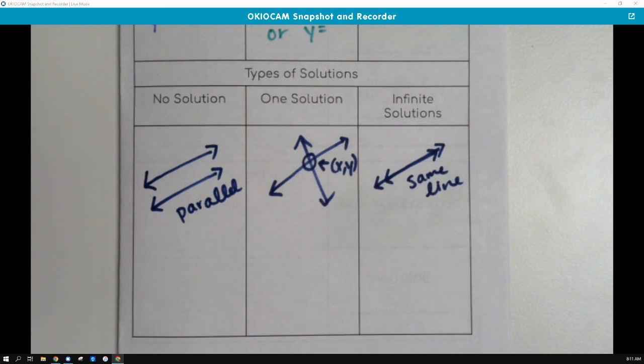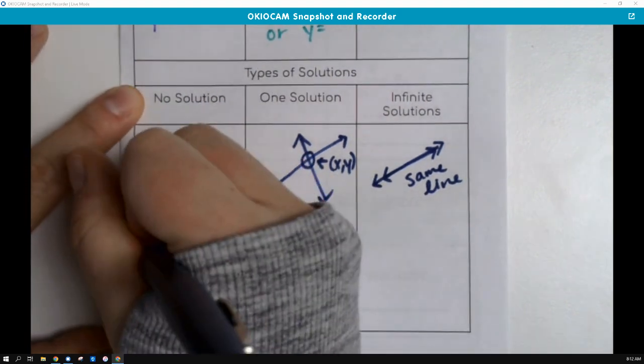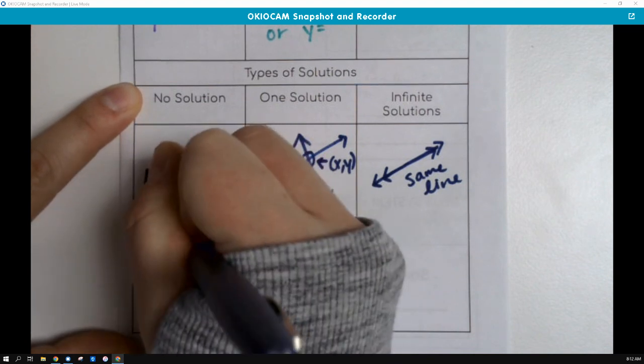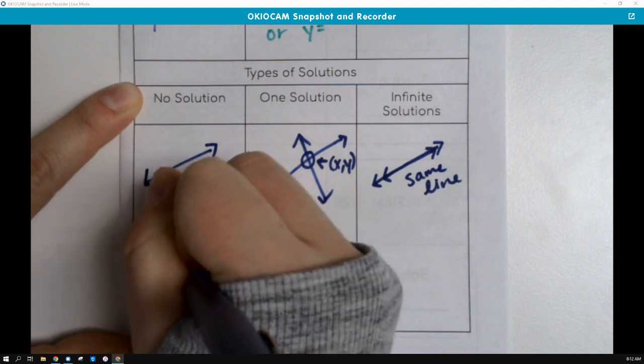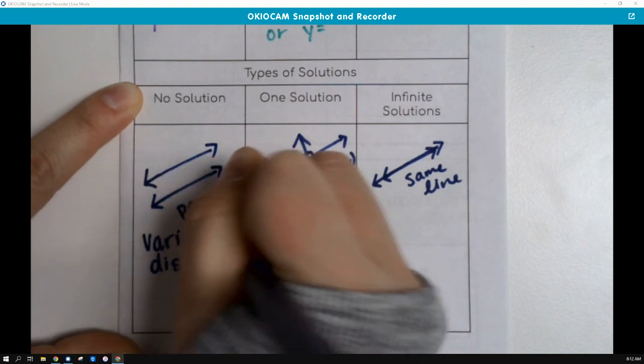If we are solving them, so solving would be substitution and elimination. So if we're doing substitution or elimination, how we know we get no solutions or infinite solutions, that's when our variables disappear or cancel on both of these.